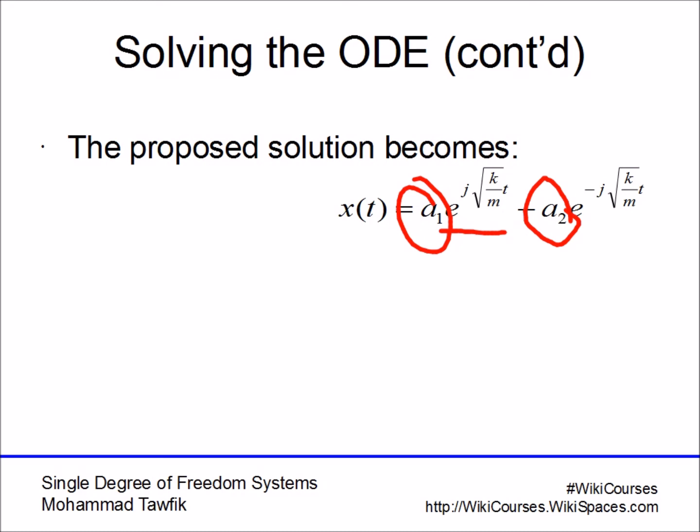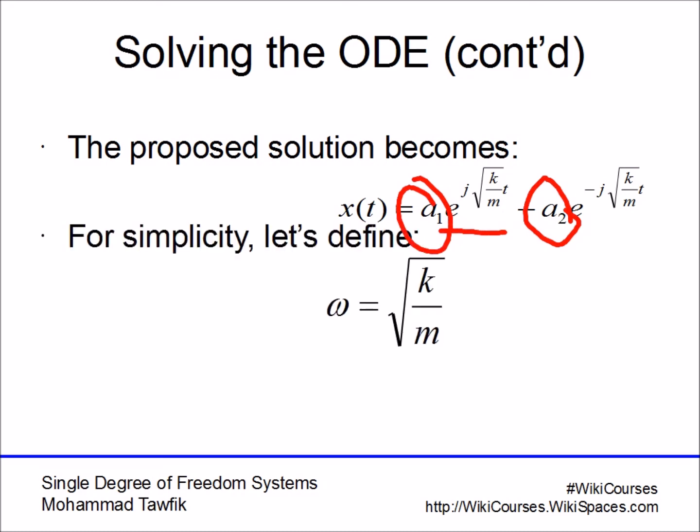Let's define the variable root k over m to be equal to omega. Omega is a constant or a number that's defined only by the natural properties of the dynamic system. That's why we call it the natural frequency.